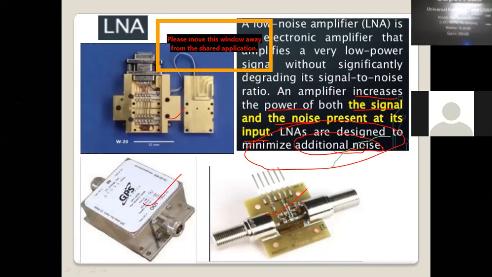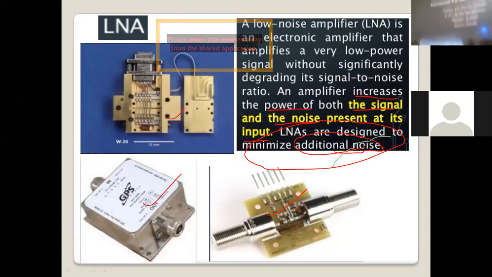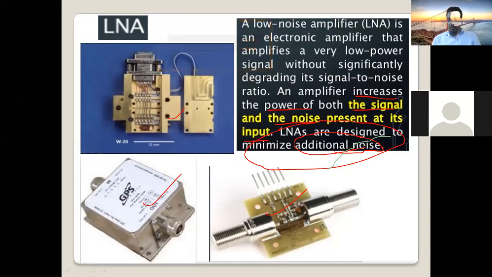If it is visible, I can show you here. Noise is like this. How much noise? Gain is 60 dB, noise 0.6 dB only. So that's the first component of a transponder.